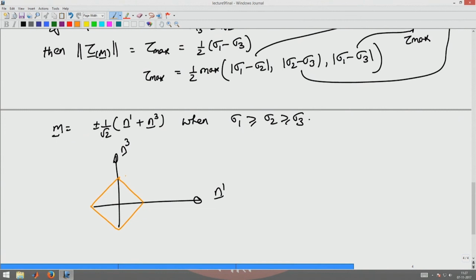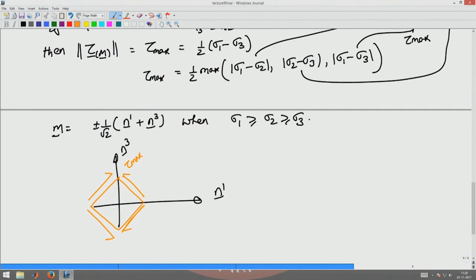Okay. So, tau max will occur like that, or it can be occurring like this also. Okay, because you know only the magnitude of the tau max, you are finding the maxima of the square of the tau max. So, it can occur in either direction. Okay.